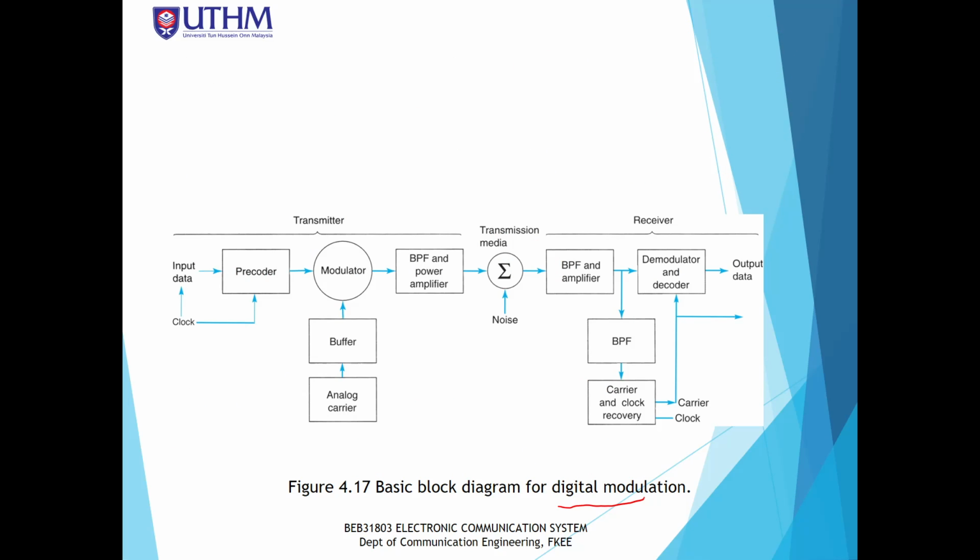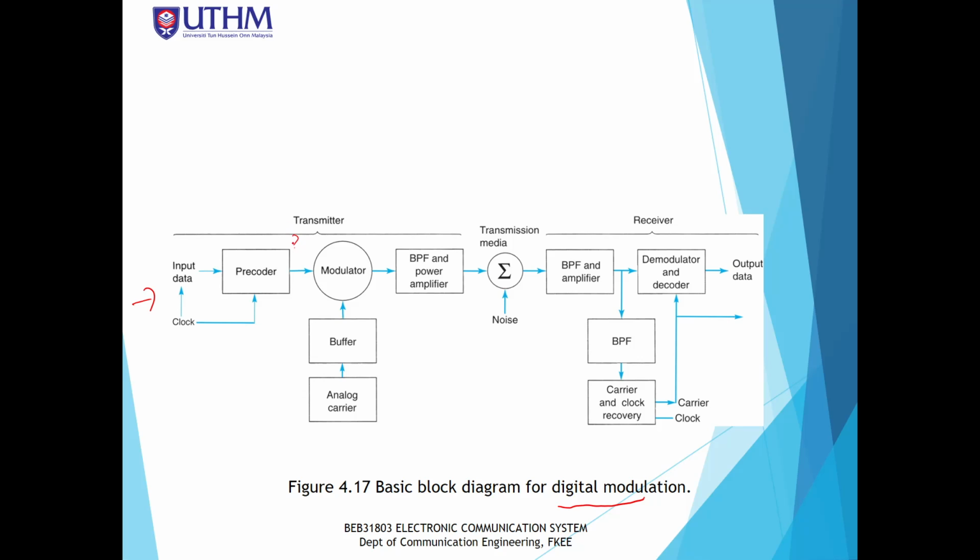Okay, so perhatikan di sini. So we have a transmitter and also the receiver. Okay, so we have the input here. Okay, masuk ke dalam precoder. Okay, so we convert from analog to the digital.